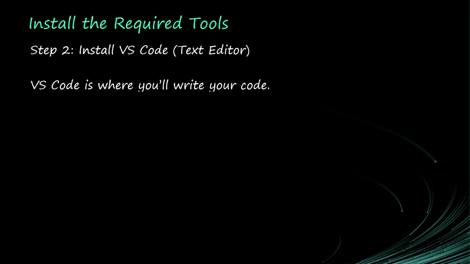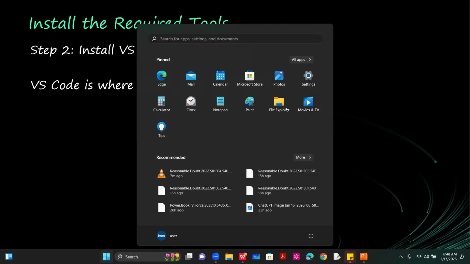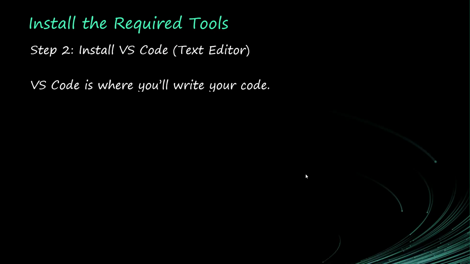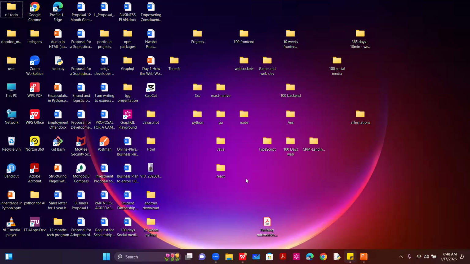VS Code is where you will write your code. So let me show you what VS Code looks like. Let's assume any of my projects here. Do I have JavaScript? I have JavaScript.